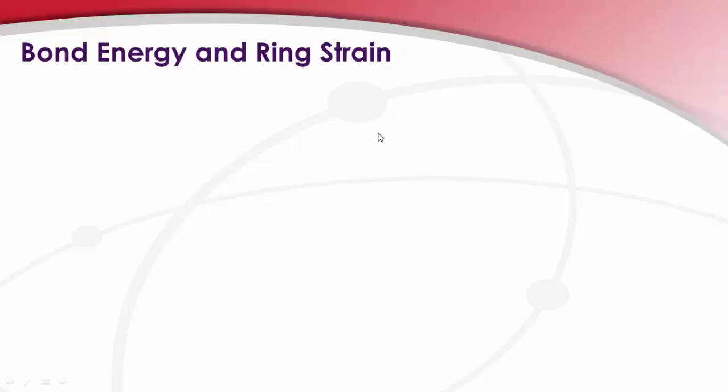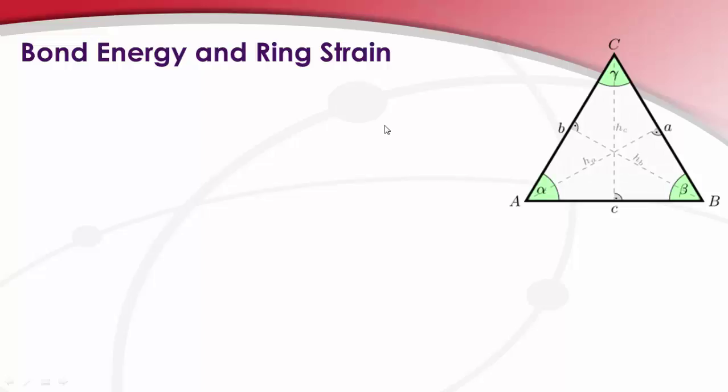Well, we can say that every molecule has a little deviation from theory on this. But we can find a really good example in organic chemistry to illustrate this idea.